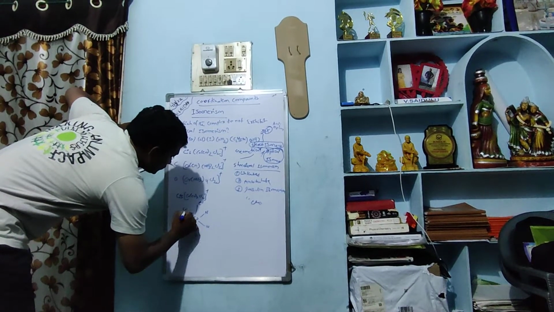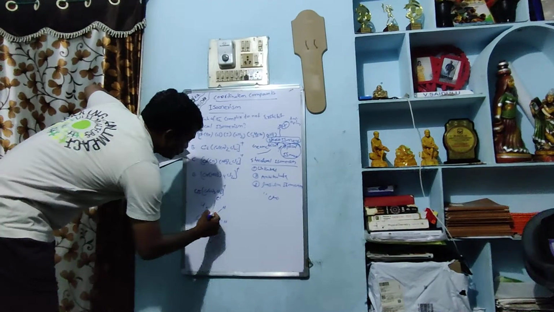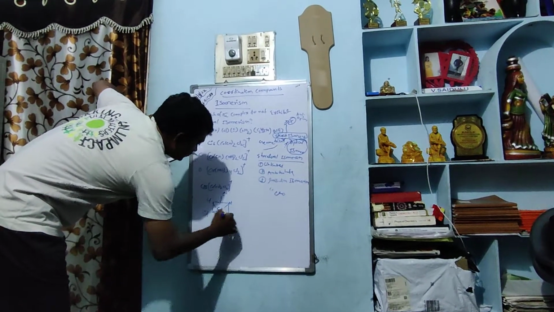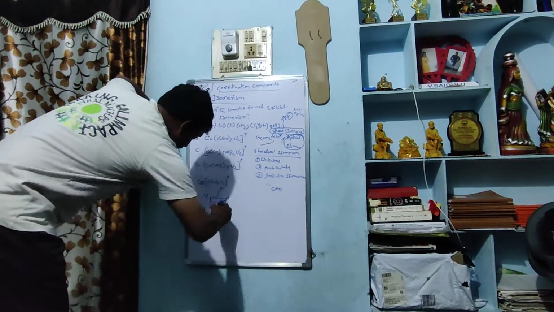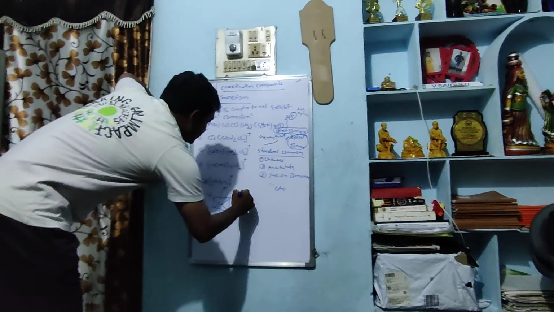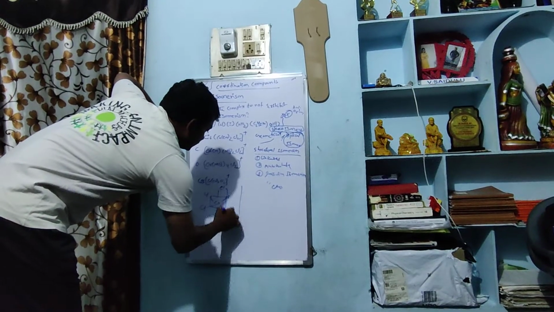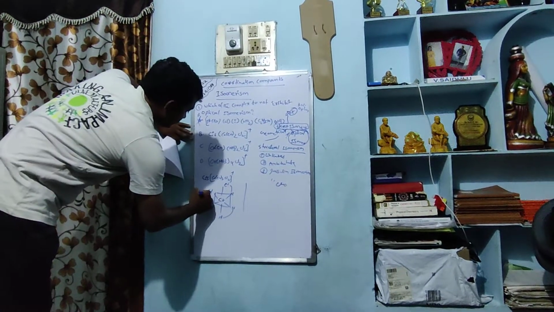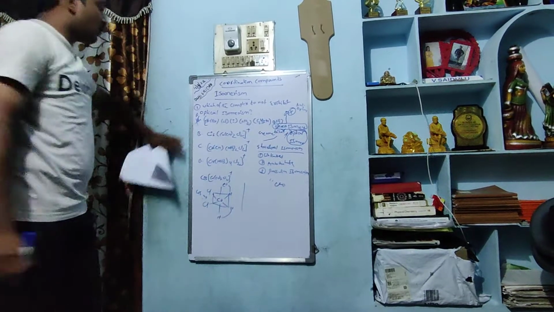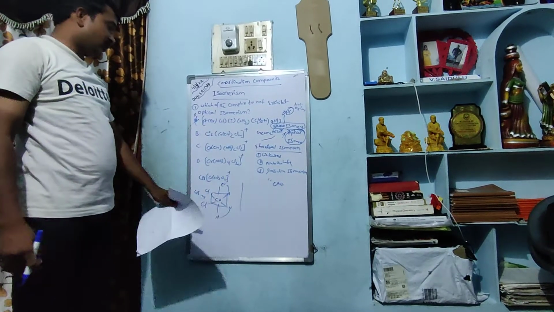These two chlorines are in cis position. This is one of the cis type, cis cobalt ethylene diamine dichloride.